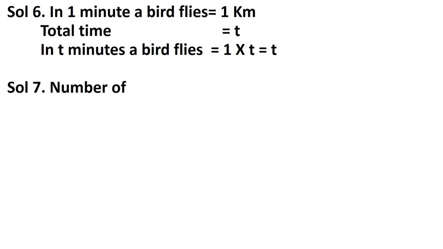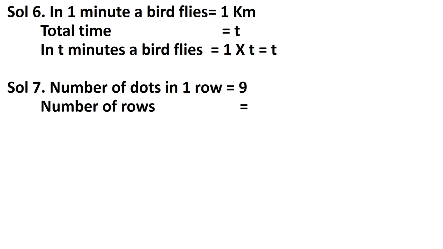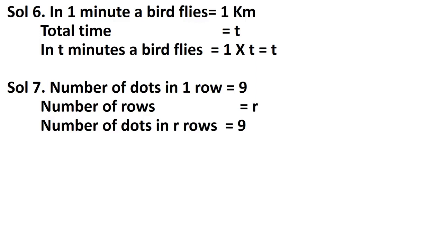Solution 7. The number of dots in one row is 9, and the number of rows is R. So the number of dots in R rows is 9 multiplied by R, 9R.